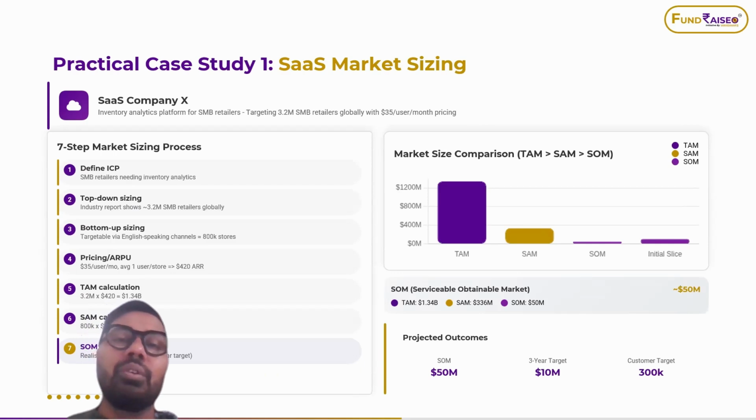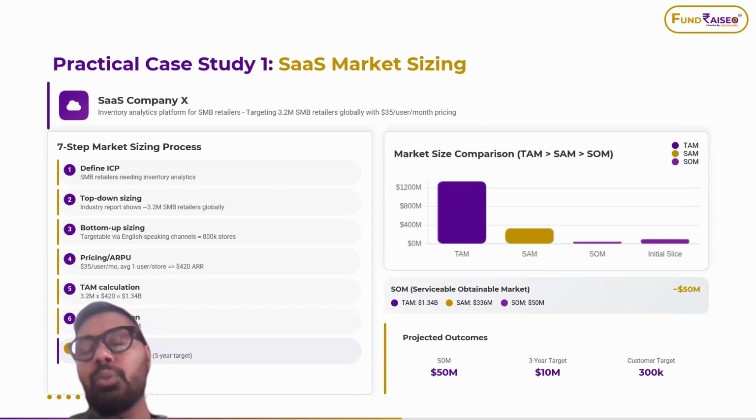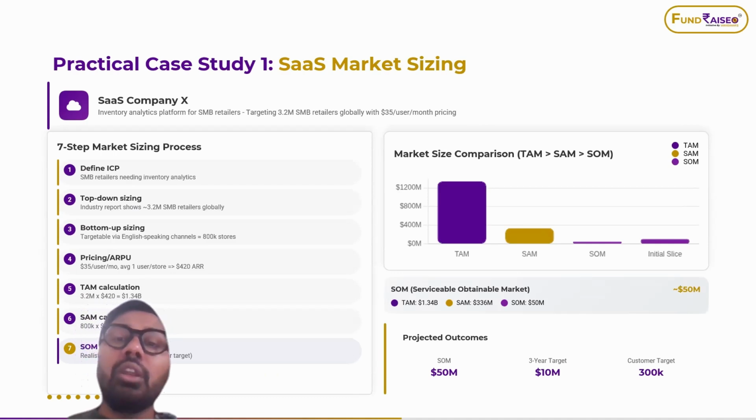Of course, when we did that, there were a lot more detailed parameters which were defined and looked at for the journey from total addressable market to serviceable available market. And the biggest exercise was SOM, where we really grilled our client on the realistic revenue that he can potentially achieve in the next 5 years. So I hope this was a good case study that you were able to relate to.